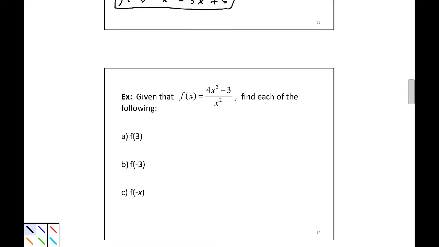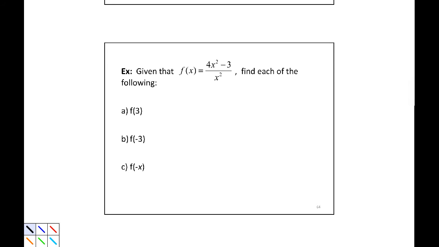Last example we have. Given that f of x equals 4x squared minus 3, quantity, divided by x squared, find each of the following. Well, I have f of 3, so that means my input is 3. So I'm going to write this as 4 times 3 squared minus 3, divided by 3 squared. Now I'll simplify this. So 3 squared is 9. So that this chunk here is 4 times 9, or 36. 36 minus 3, divided by 3 squared is 9.